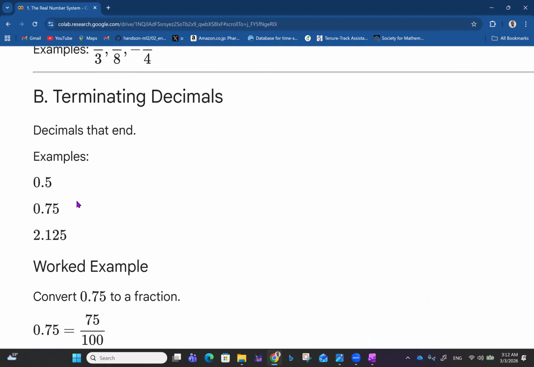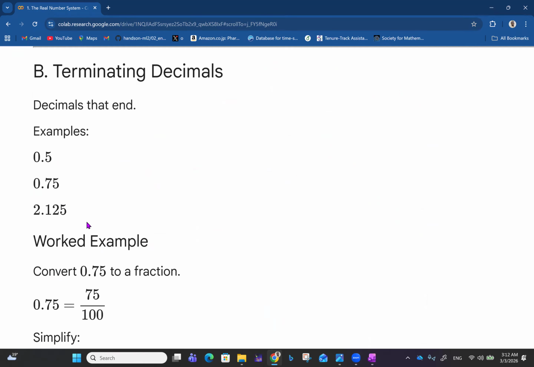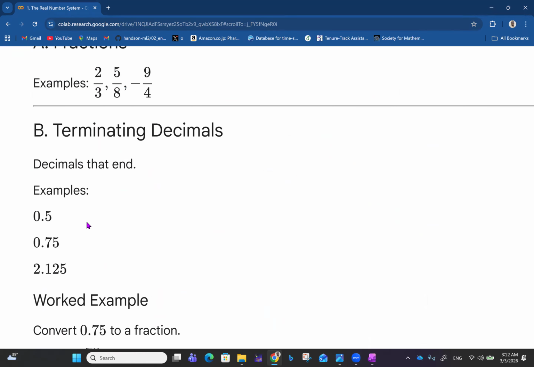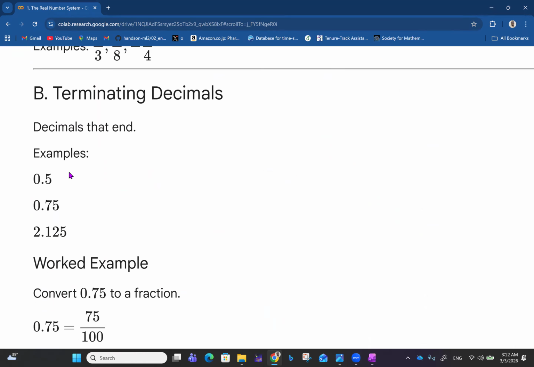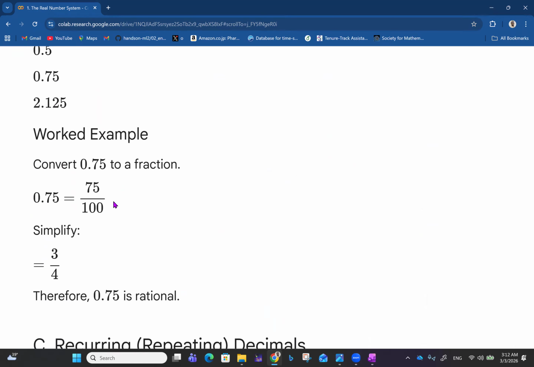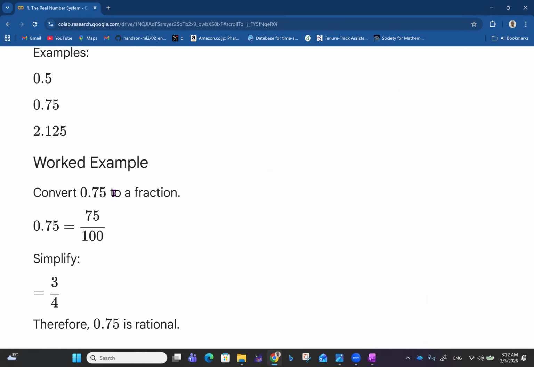And 0.75 is 3 over 4. Then 2.125 you can express as some kind of fraction. So these are terminating decimals. They don't recur. Then you have worked examples here. If you convert 0.75 to a fraction, 0.75 is 75 over 100, and you can simplify: 25 goes into 75 three times, and into 100 four times. Therefore, 0.75 is rational because you can express it as a ratio of two integers.